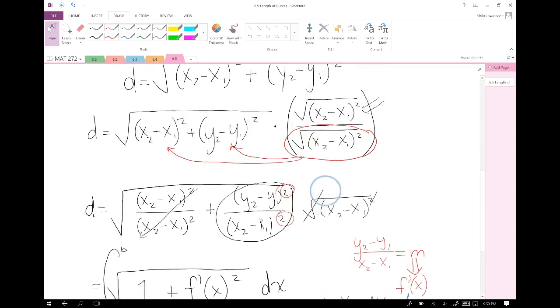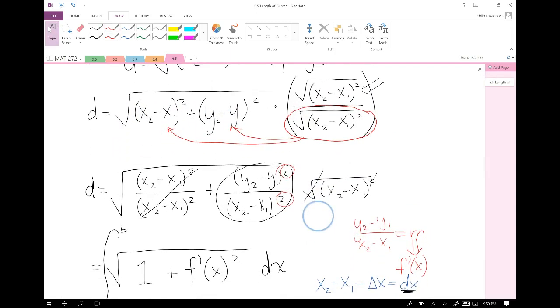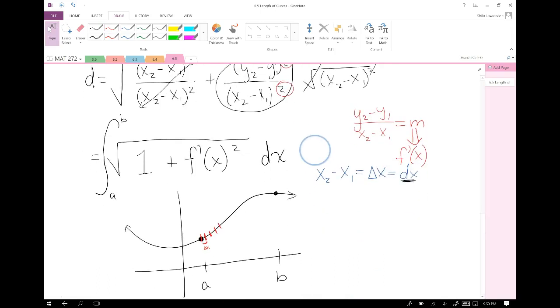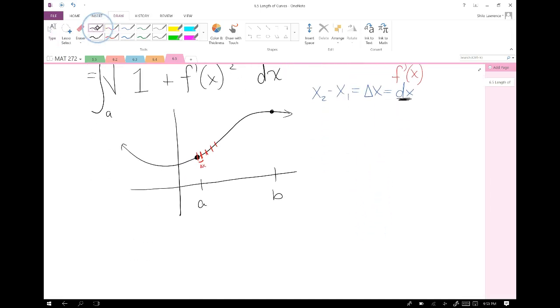So it does originate from our algebra distance formula, but we just tweak it a little bit. We're breaking it up into lots of little pieces and using individual slopes for those subintervals. So that's why the f prime of x is put in there and the dx is put in there. So I will write this one more time.